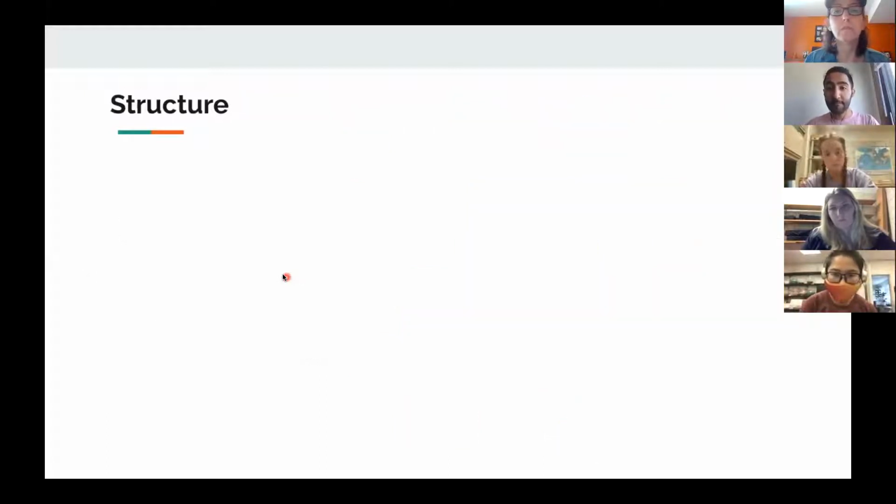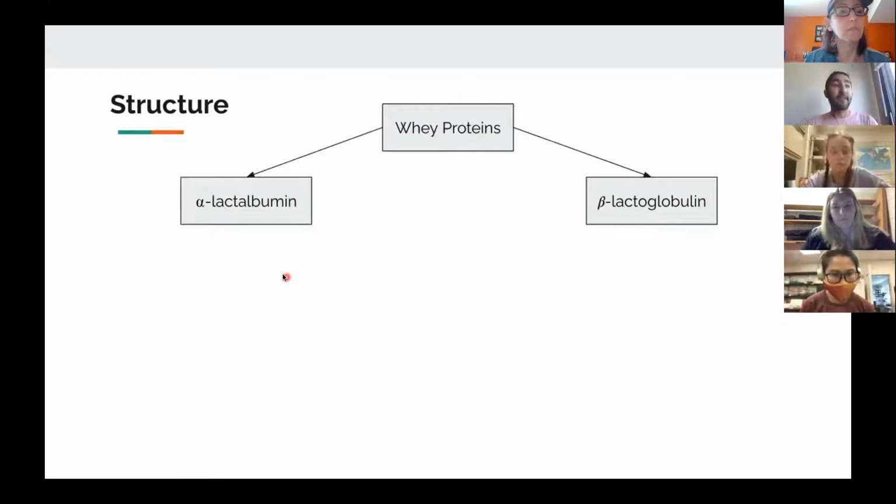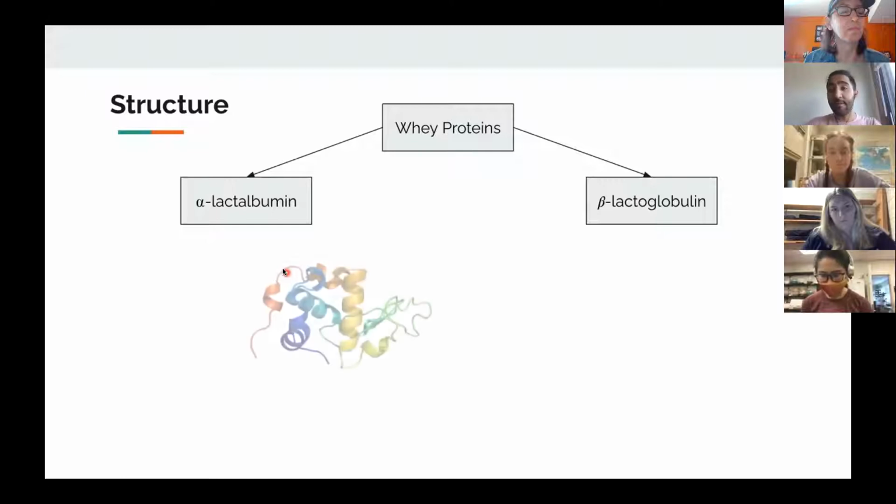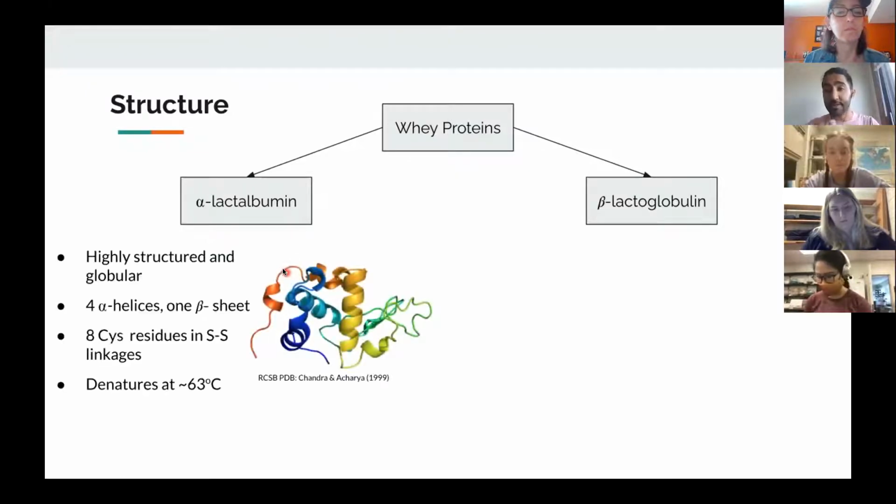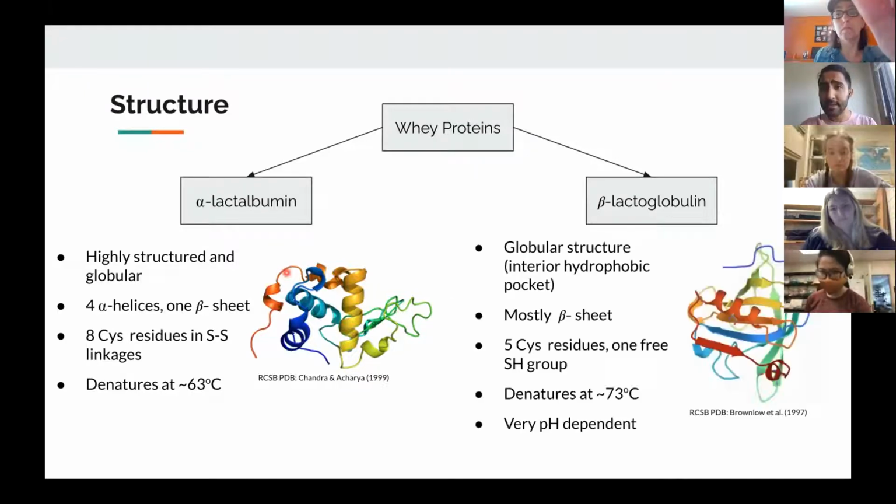Next. In this structure, the main functional proteins and larger compounds of whey protein are alpha-lactalbumin and beta-lactoglobulin. And they have a very ordered secondary structure. Can you hear me well? Yes. Okay.